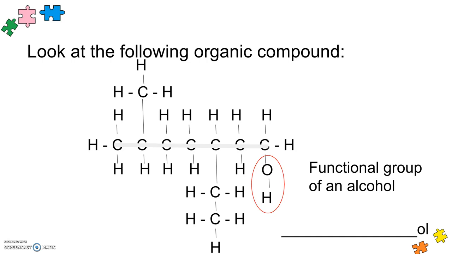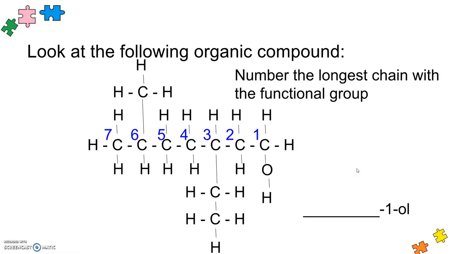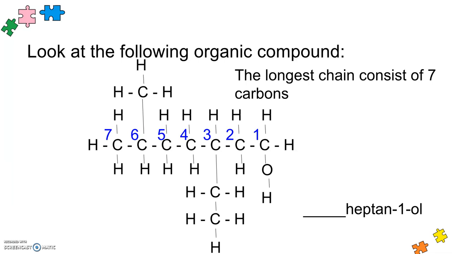So from the previous knowledge that I have, I know this organic compound is going to end with -ol because the functional group is an alcohol. Then I also know, if I have identified my carbon chain, I need to number it in such a way that the functional group is on the lowest possible carbon. If I number it according to the blue numbering system, you will see that the functional group is on the last carbon.